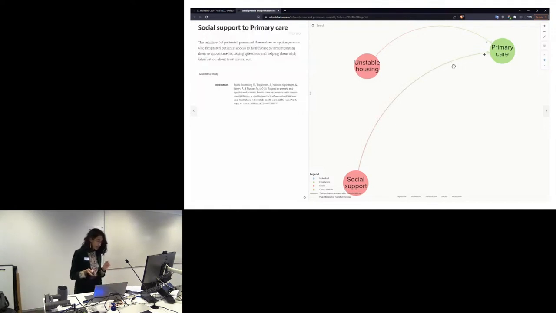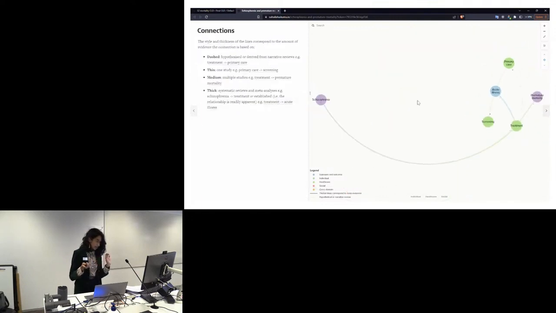And you can also click on a connection to see the evidence that it's based on, with tags indicating the type of evidence. And then the style and thickness of the lines actually correspond to the amount of evidence that a particular connection is based on. So there are dashed lines that indicate a connection is hypothesized or based on a narrative review.